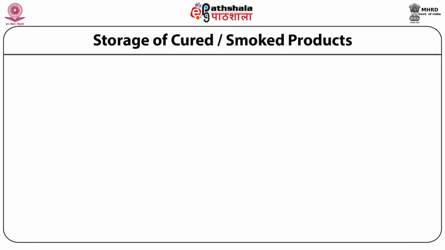Storage of cured or smoked products. You should have an excellent product when you remove smoked poultry from the smokehouse or oven. However, improper storage can ruin both the flavor and safety of your masterpiece.